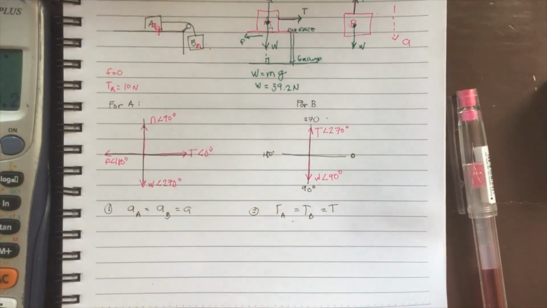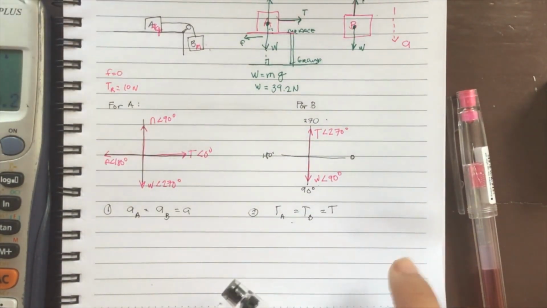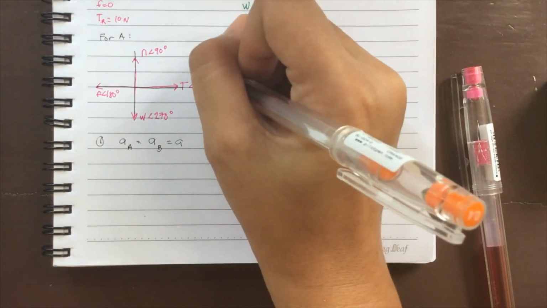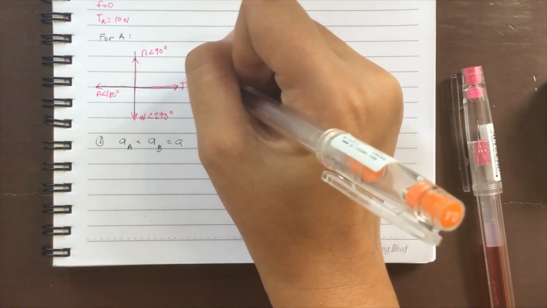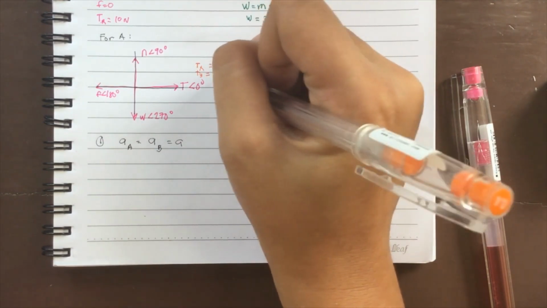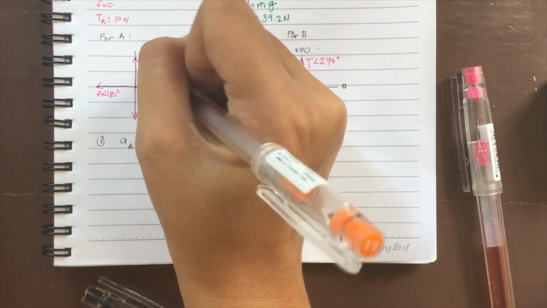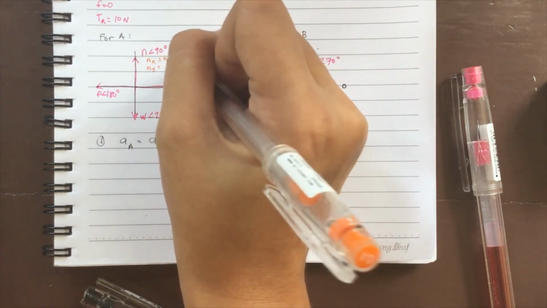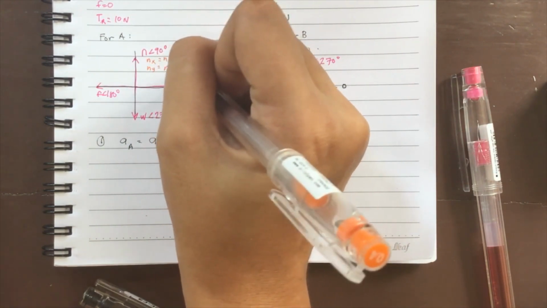So for the solution, we can now solve by calculating first the components. So let's have Tx, then Ty. So you have T cosine 0, T sine 0. You have N, X, and Y. So N cosine 90, N sine 90.